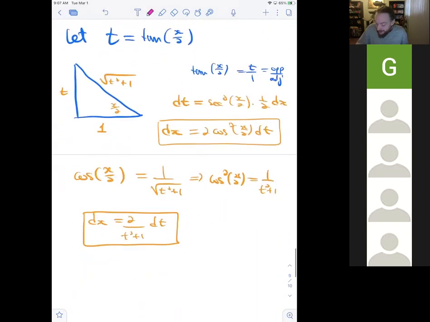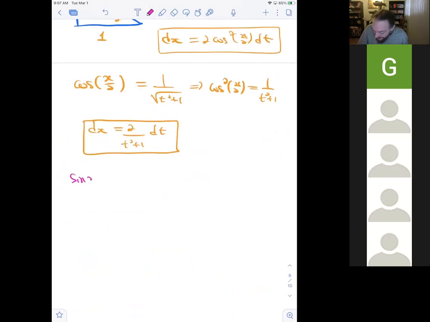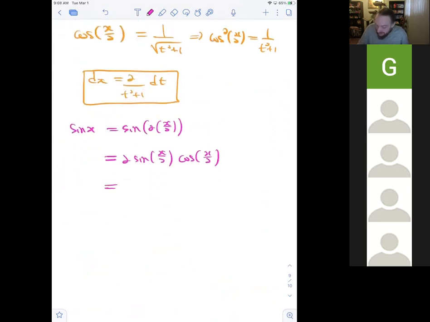For sine x and cos x, we see that sine x is equal to sine of 2 times x over 2. So we're going to use the double angle formulas. And that is equal to 2 sine x over 2 cos x over 2.